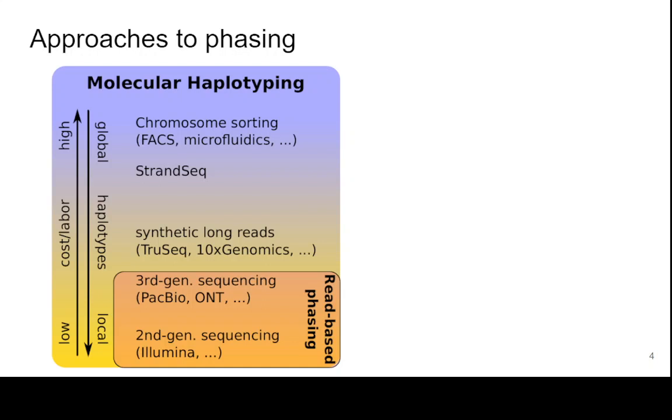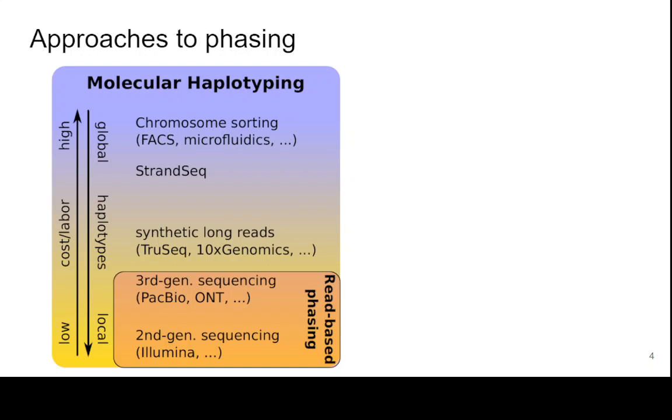But in the last 2 years, there has been a major breakthrough with PacBio HiFi specifically, where you can get highly accurate reads, about 99% accuracy. Nanopore has also made advances in its duplex mode, so that accuracy has reached towards 97%.